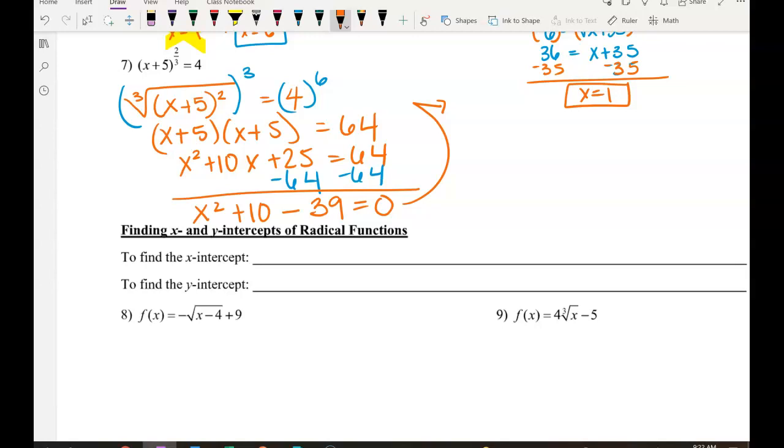Guys, make sure you practice factoring right now. You can't pass the class without knowing how to factor. So practice. If you need help, we have tutorial today. Come in. We'll work with you. All right, Nick, what are the 2 factors?